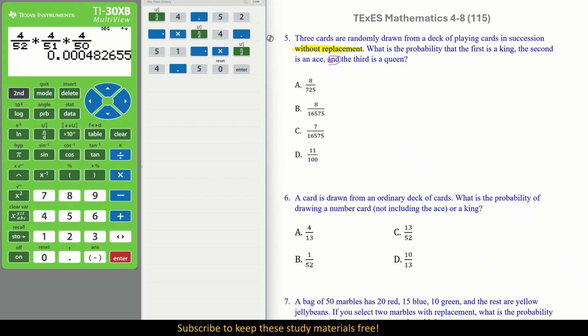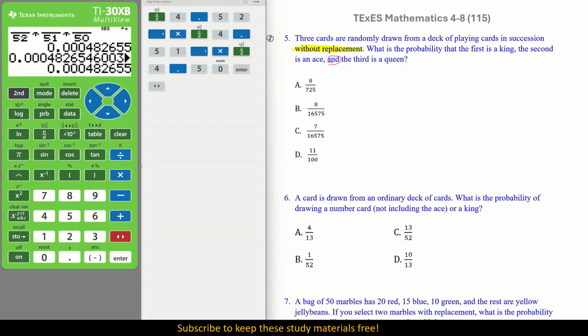Don't think you're wrong automatically, and we can try the toggle button, and that's not going to work. That doesn't tell me I'm incorrect. What this tells me is that it's a very small decimal, and my calculator just isn't powerful enough to give me what I need right now.